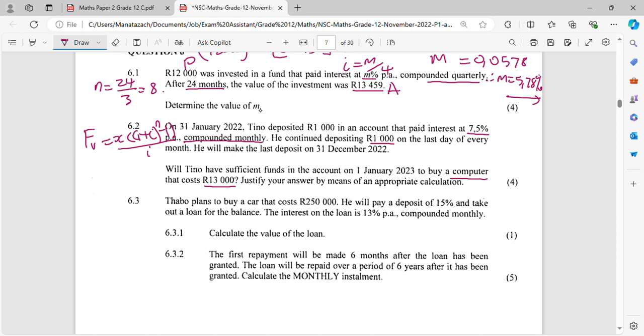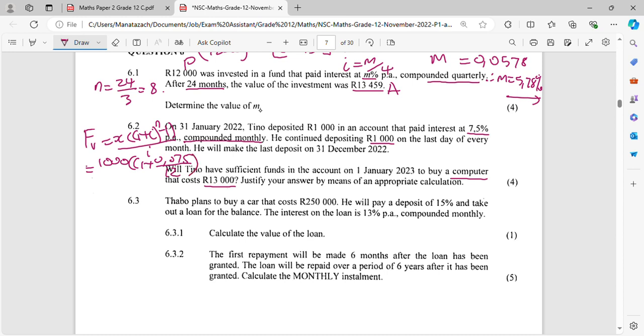So let's just work it out. F is going to be equal to X, which is 1,000 rands. That one is straightforward. Then that's 1 plus i, it's 7.5%, so that's going to be 0.075, divided by 12 since it's compounded monthly. Then we close this bracket.